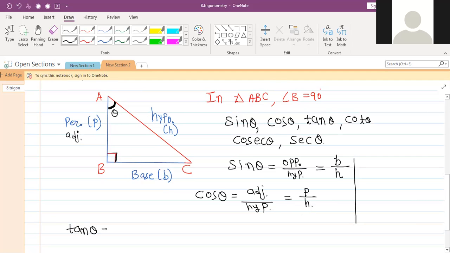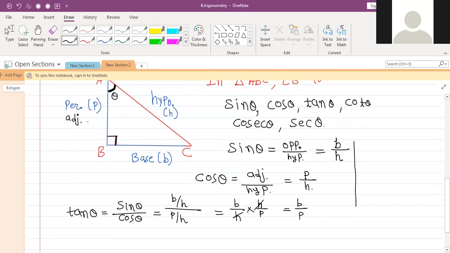Next one is tan theta. For tan theta we have one formula, that is sine theta upon cos theta. Sine theta means B upon H divided by cos, that is P upon H. Dividing means taking the reciprocal and multiplying, so that is H upon P. Here H cancels, so we get B divided by P. This is the formula of tan theta, perpendicular upon base, or we can also say opposite upon adjacent.